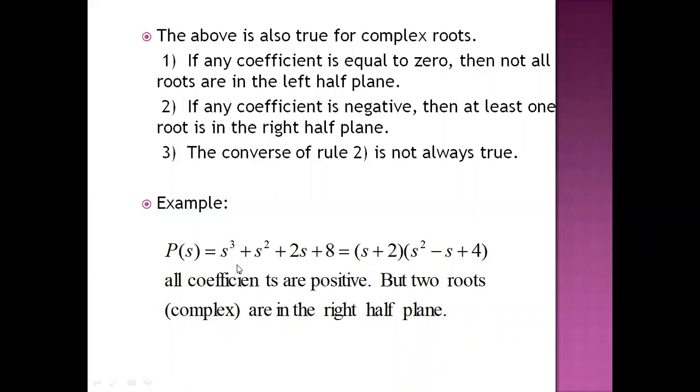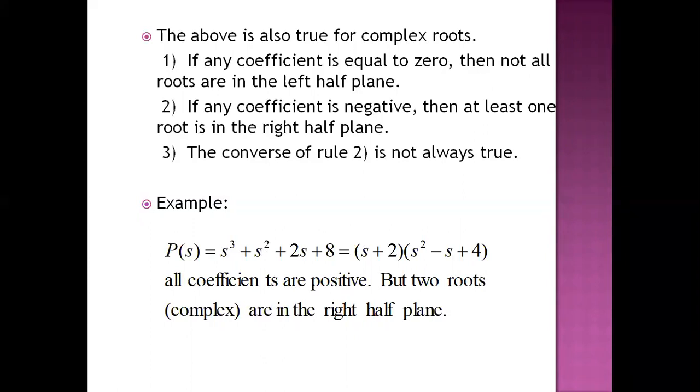So though all the coefficients are positive and greater than 0, the system is unstable. Sometimes the necessary conditions may be satisfied for stability, but they are not sufficient for finding the stability of the system.